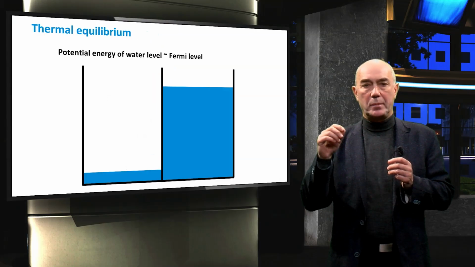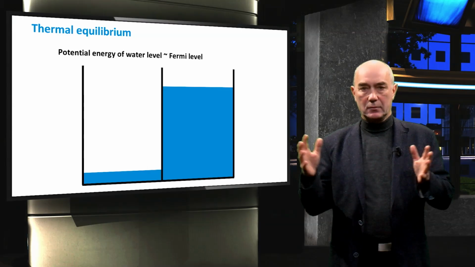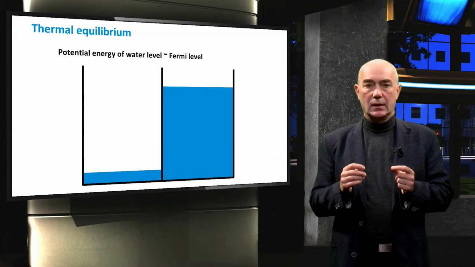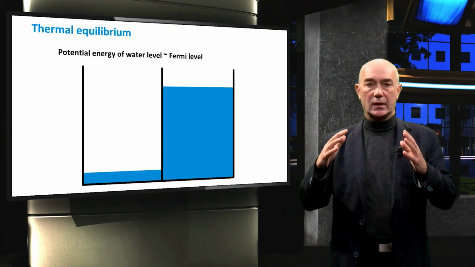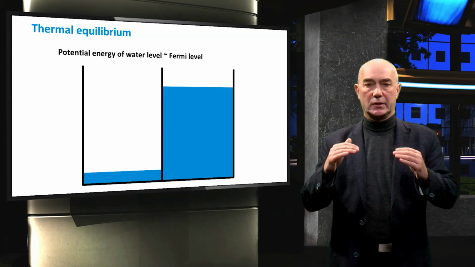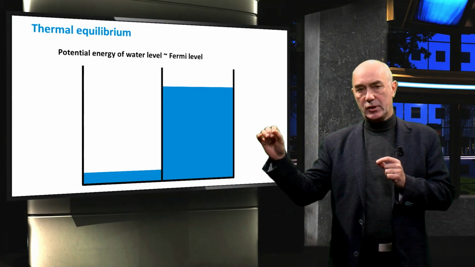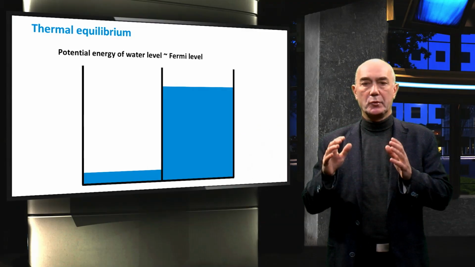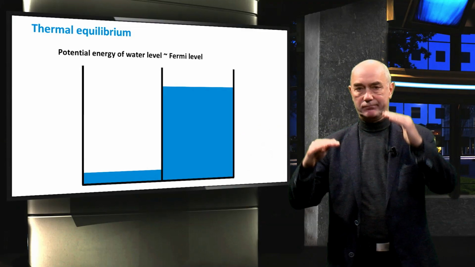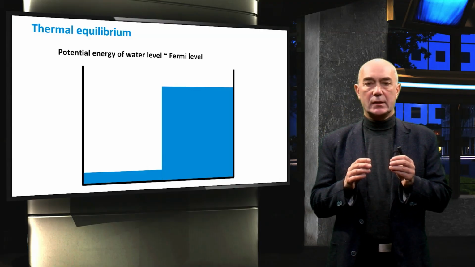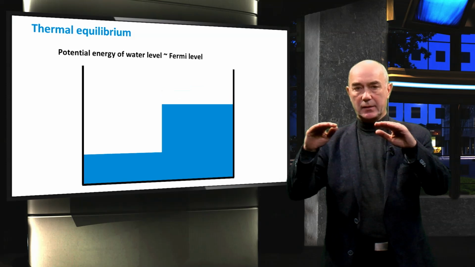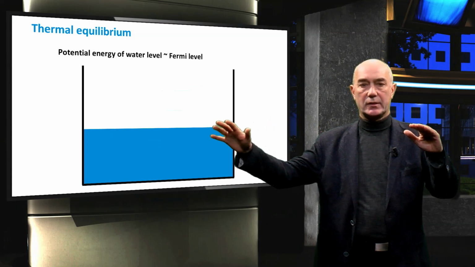When we put the p-type semiconductor in contact with the n-type semiconductor, you can imagine it like having two vessels that are filled with different volume of water. In this picture, we visualize it by putting water at different levels. When we remove the barrier between the two vessels, the water level will eventually be the same in the vessel.